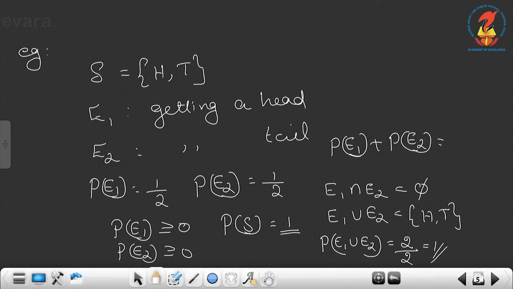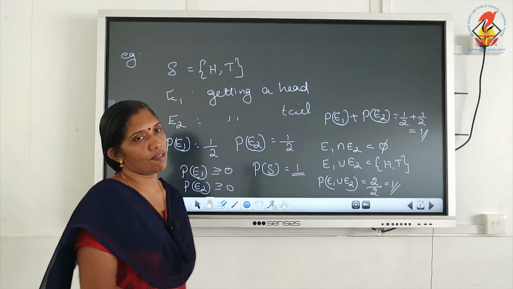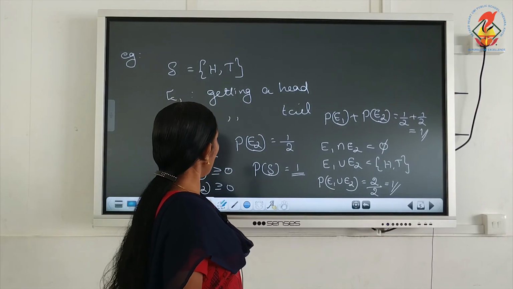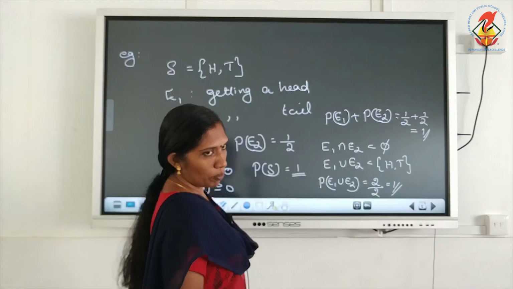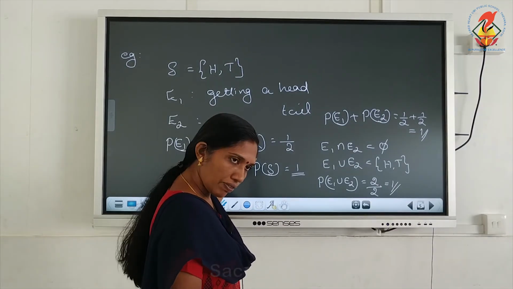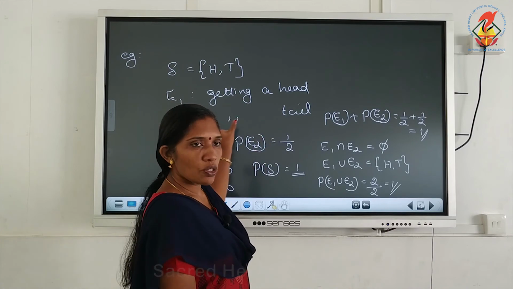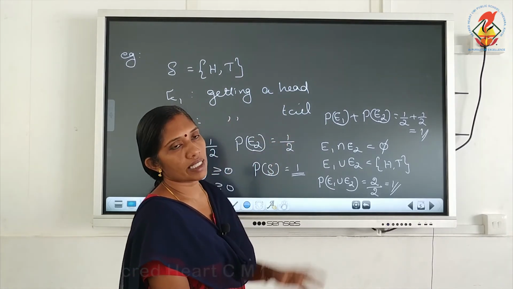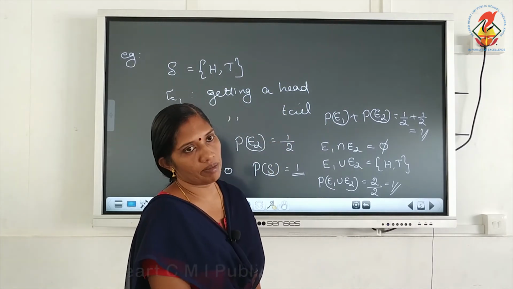E1 is 1 by 2 plus 1 by 2. Half plus half is 1. So all the axioms are satisfied. This assignment, that is we assign probability to the event E1 as 1 by 2, probability to the event E2 as 1 by 2, satisfies all the axioms.